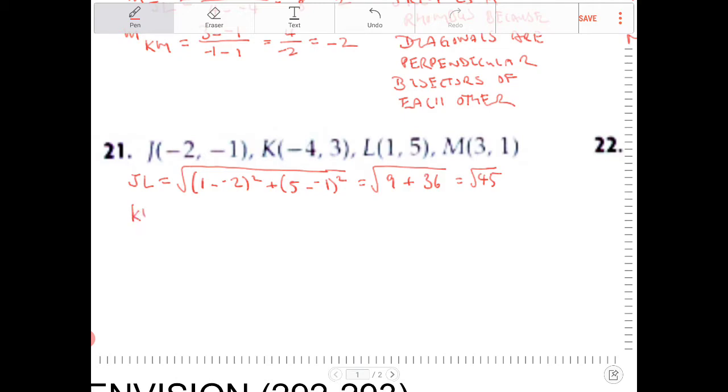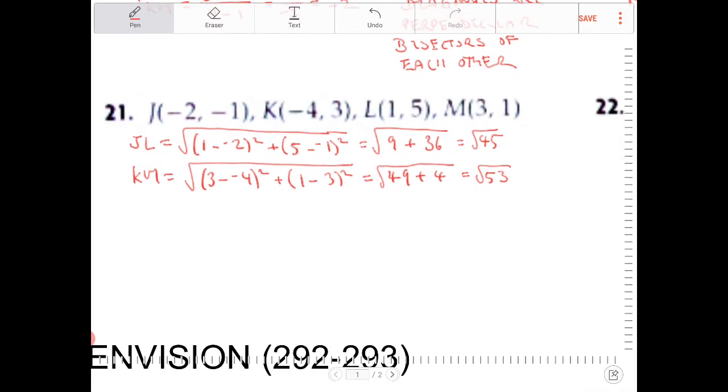And then I need to find out what KM is. That would be square root of 3 minus negative 4, 1 minus 3. So that would be 7 squared, so that's 49. Plus 2 squared, so that's 4. So the square root of 53.